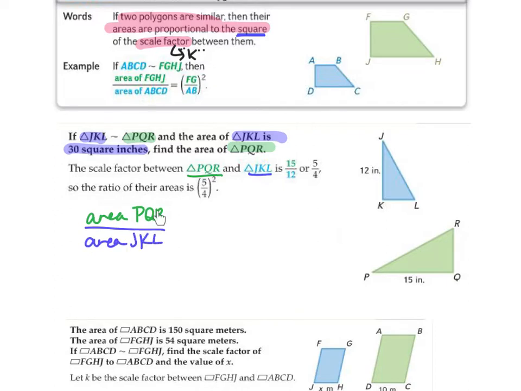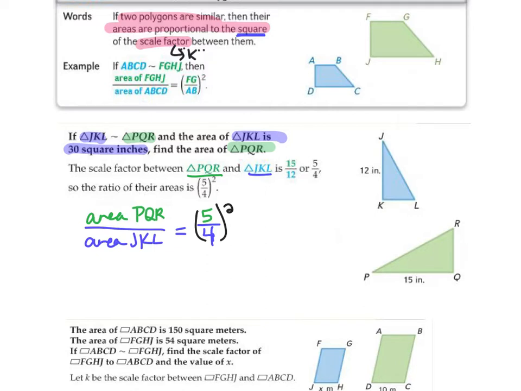They need to match our scale factor, which we determined is 15 over 12, or 5 over 4, because we reduced it. The thing is, since it's area, we need to square our scale factor. So go ahead and square that.